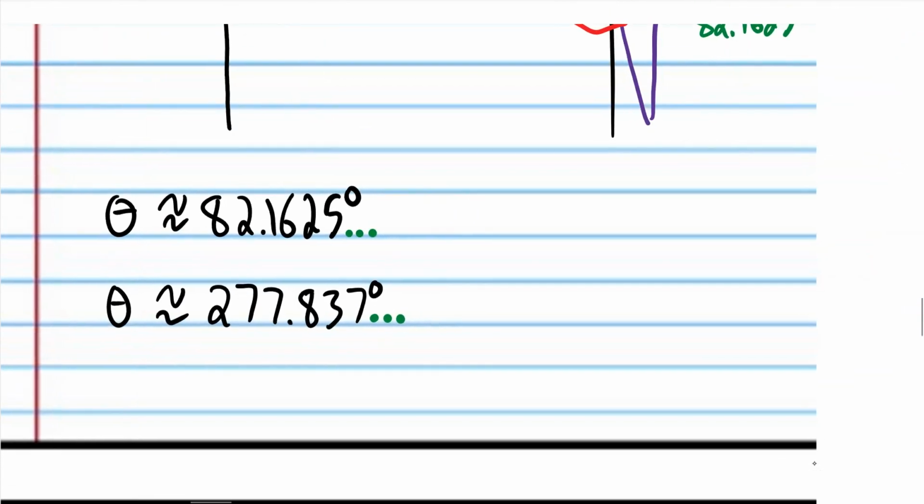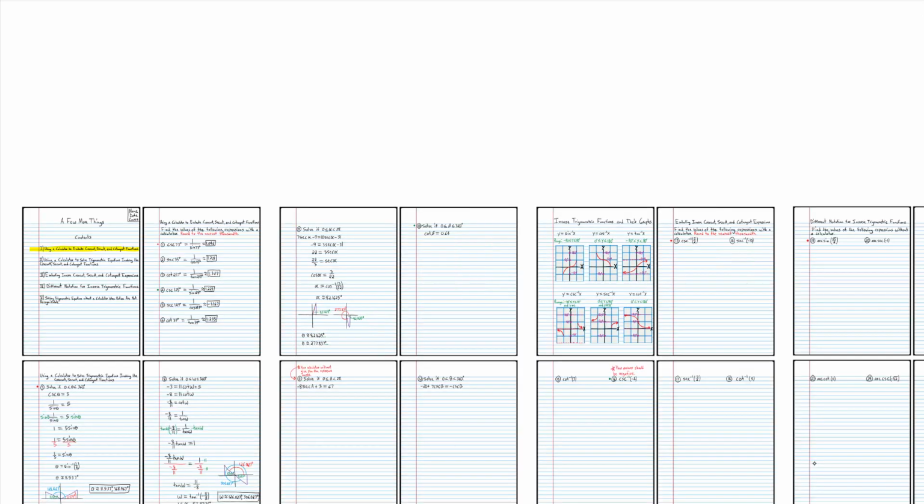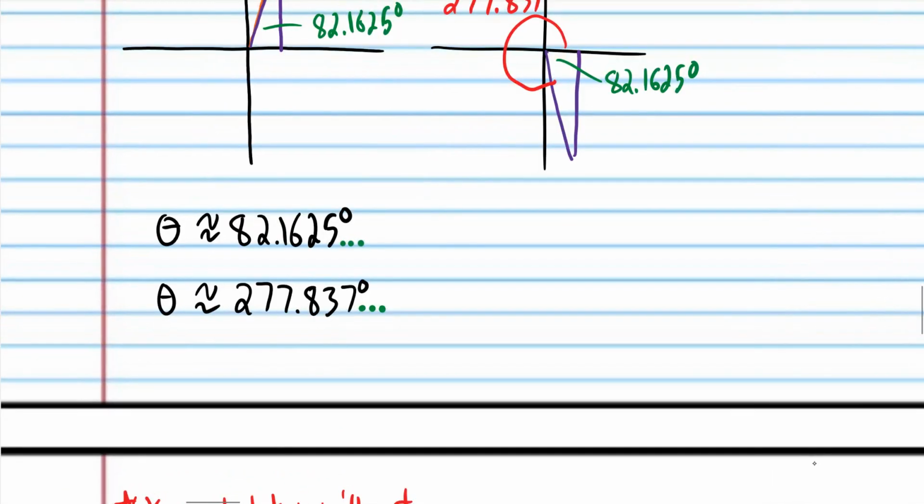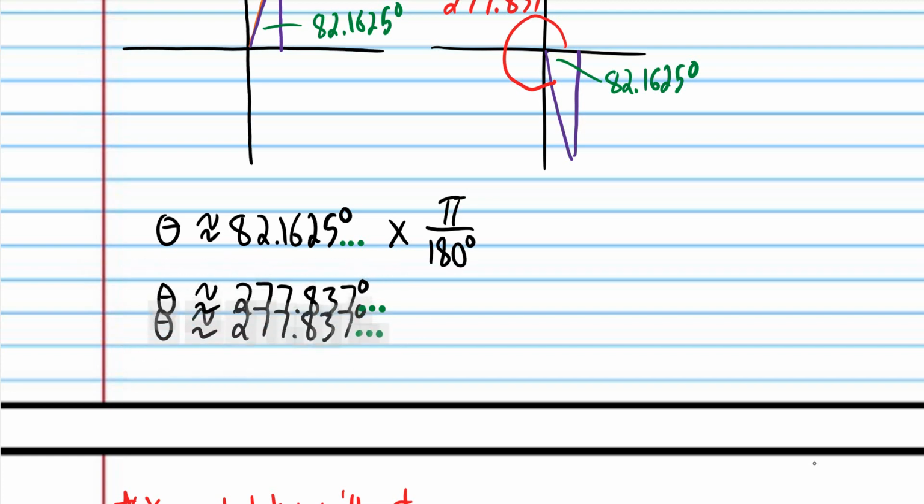So now that we've found the answers, we want to then convert to radian units. So we're going to multiply by pi radians over 180 degrees. And we're going to use the factor label method.